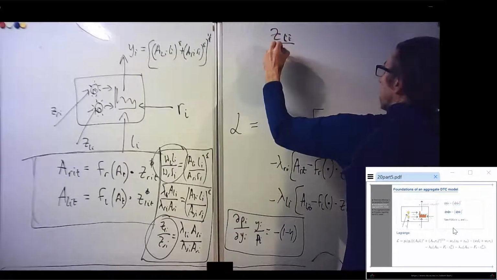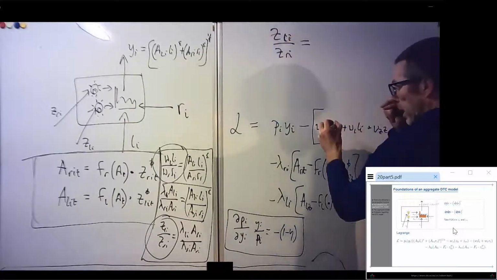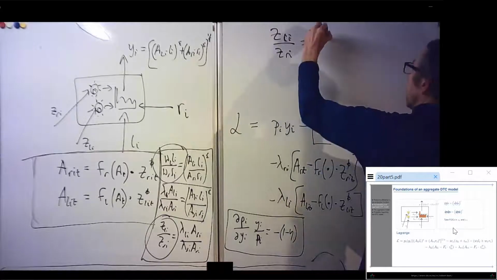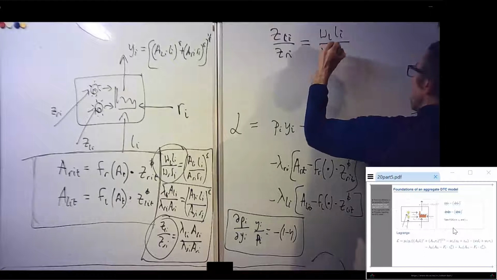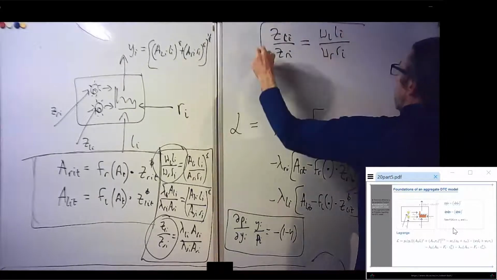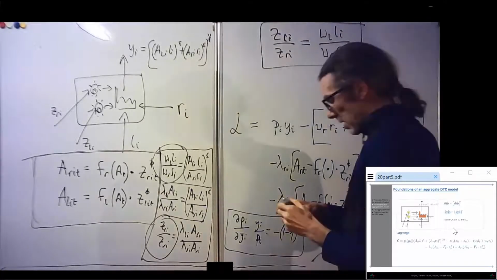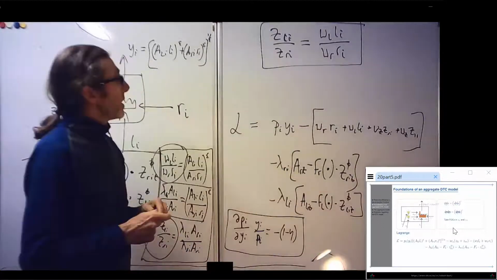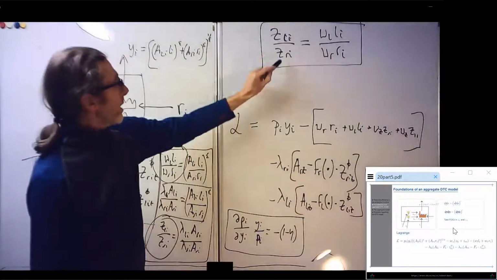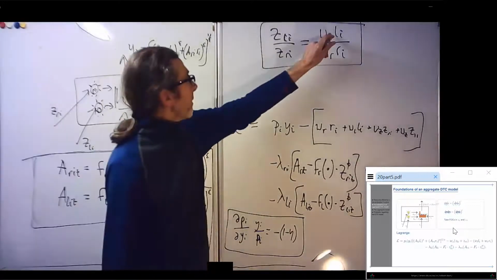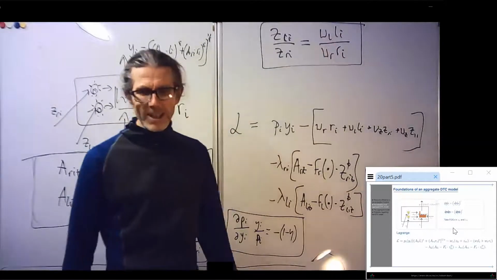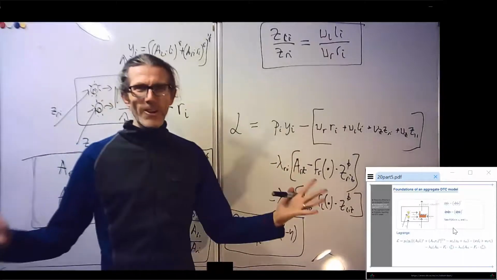ZLi over ZRi is equal to WL LI over WR RI. What does this mean? This is relative investments in the two types of knowledge, and this is the factor shares. Okay, so this is like a beautiful result.